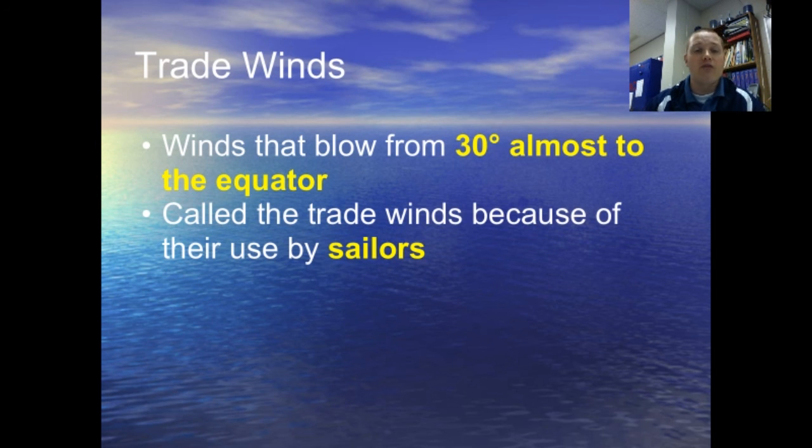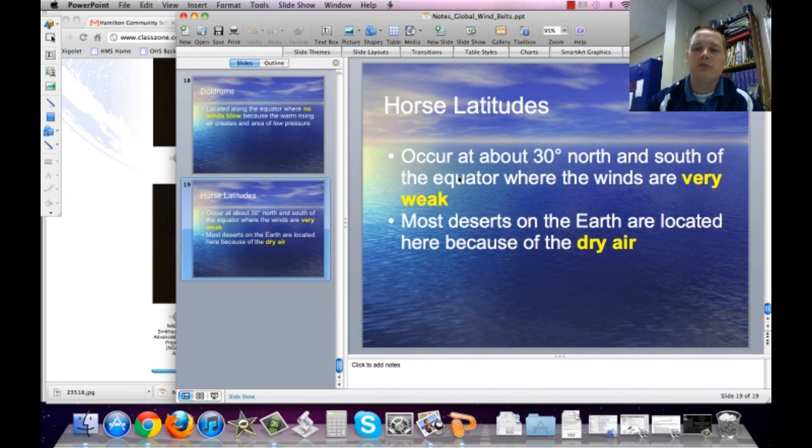It would allow, hopefully, for them to be a little bit lighter for any wind they received to cause them to move across the oceans. Okay, so that's why you got the name horse latitudes. It's the latitudes in which there was very little air movement, and they simply threw the horses overboard so they could lighten their load.